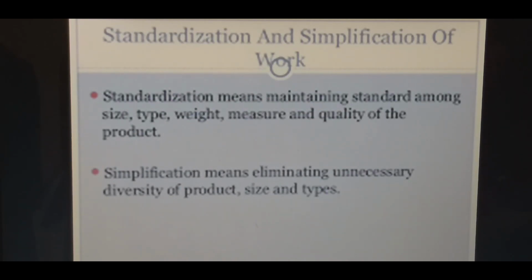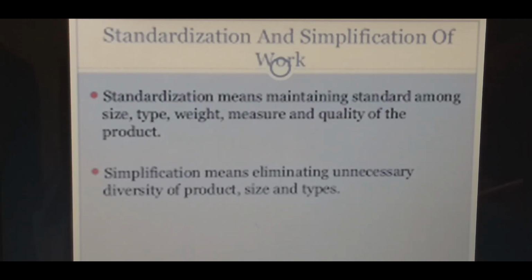Say a shoe manufacturing company, if it starts manufacturing shoes of the sizes say 2, 2.5, 3, 3.5, 4, 4.5, then that will lead to unnecessary varieties, types of shoes being manufactured. That is, here 2.5, 3.5, 4.5 may not be required.